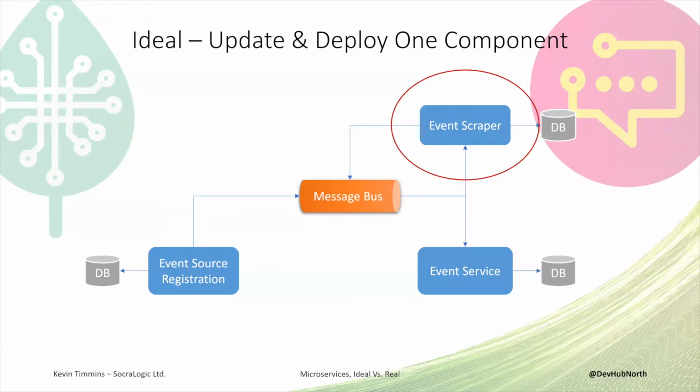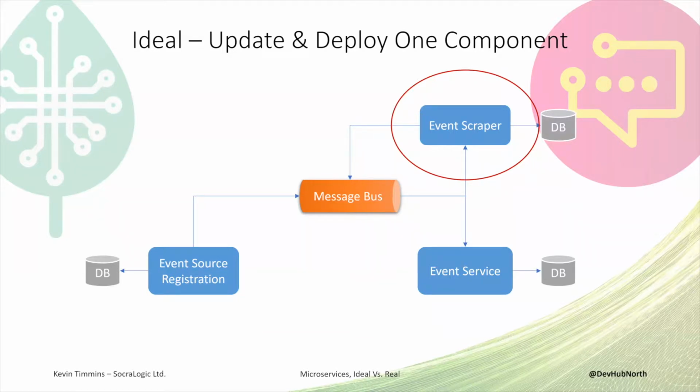So something else which we're told, and this is kind of the same as the scaling on demand, is update and deploy one component. So the idea here is, say for example, with the event scraper, if we come up with a new algorithm or a new way of scraping a certain type of website, depending on how it's structured, then we don't want to have to redeploy everything.